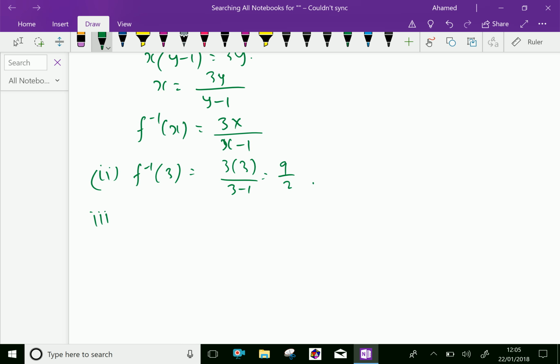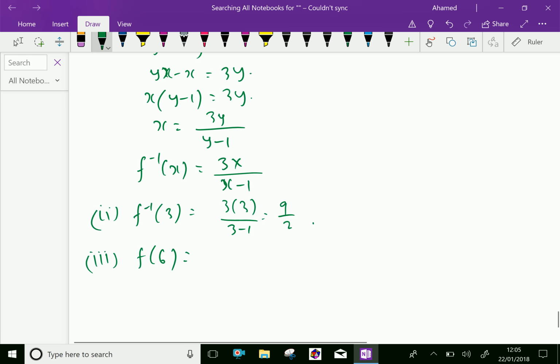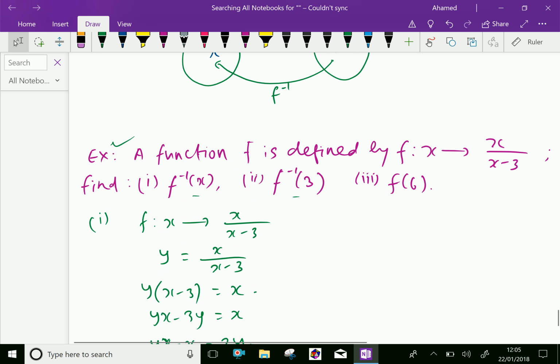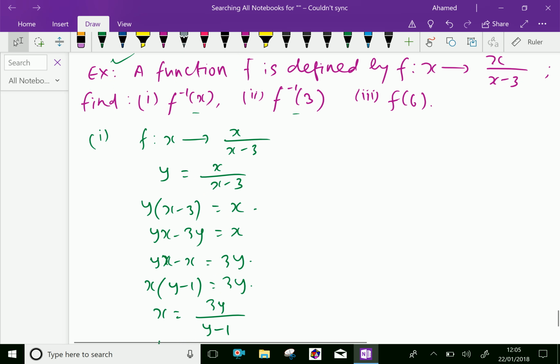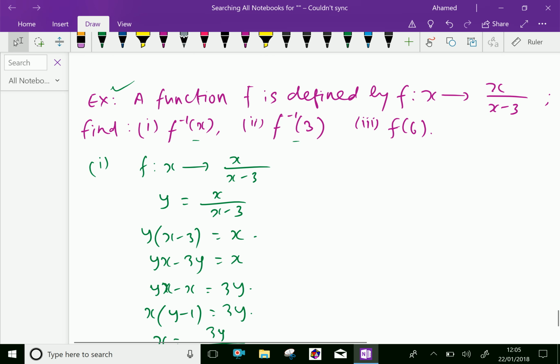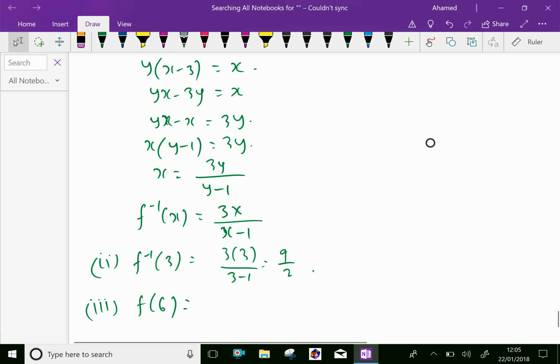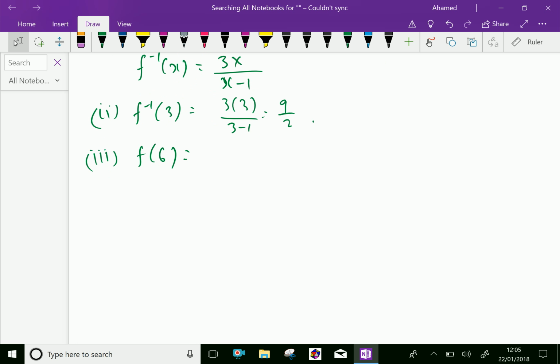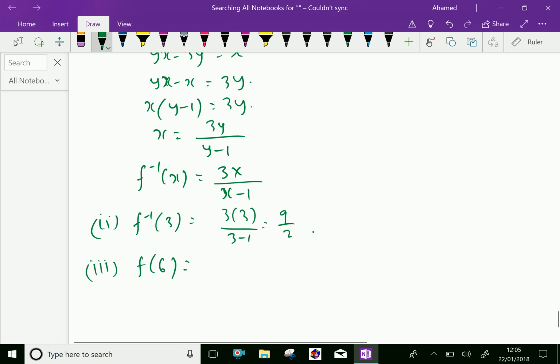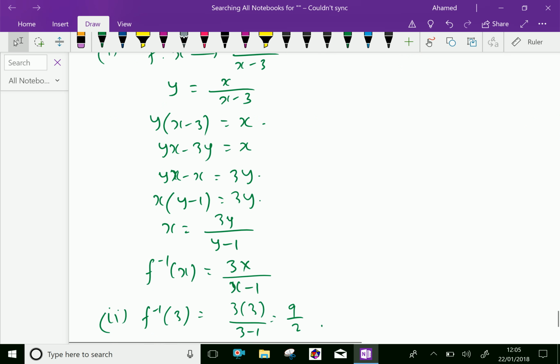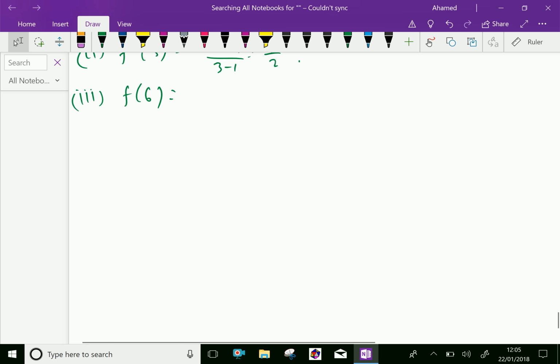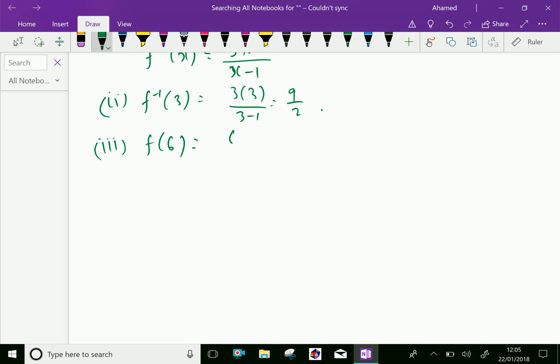Third one, f of 6 means just substitute the value of x as 6 in the f function, which is x over x minus 3, that is 6 over 3.